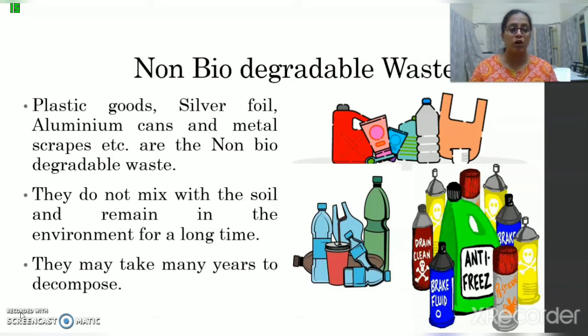Because they do not mix with the soil and they remain as they are for long in the environment, right? They take many years to decompose. Slowly and gradually they decompose, but it takes many years. Okay, let's move forward.